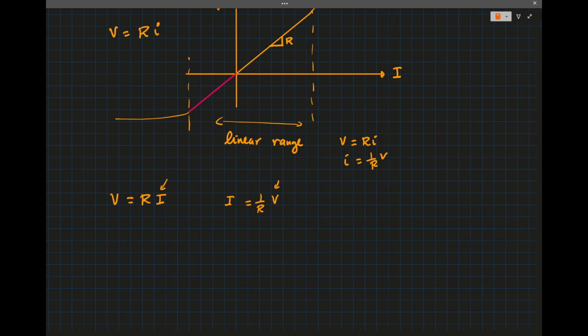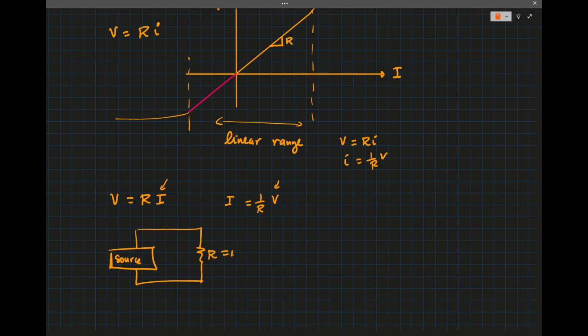Now, when any two of these variables are given, then you'll be able to calculate the third one. So let's say that I have a source here, and the source is connected across this resistor.